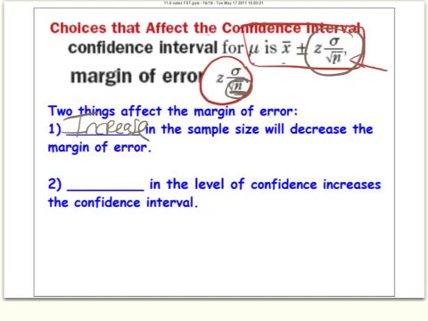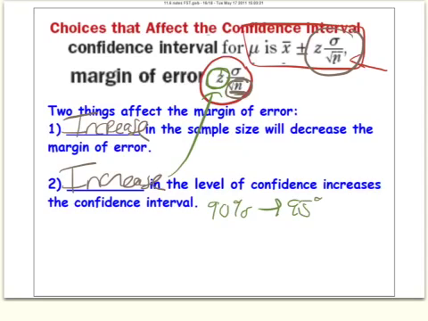Mathematically you can note that because if this number on the bottom gets larger, the fraction becomes a smaller number and it's less error. The second thing to note about margin of error is that an increase in the level of confidence increases your confidence interval. This is your level of confidence right here, Z. If you go from 90% confident to 95% confident, it's going to make your Z a bigger number.